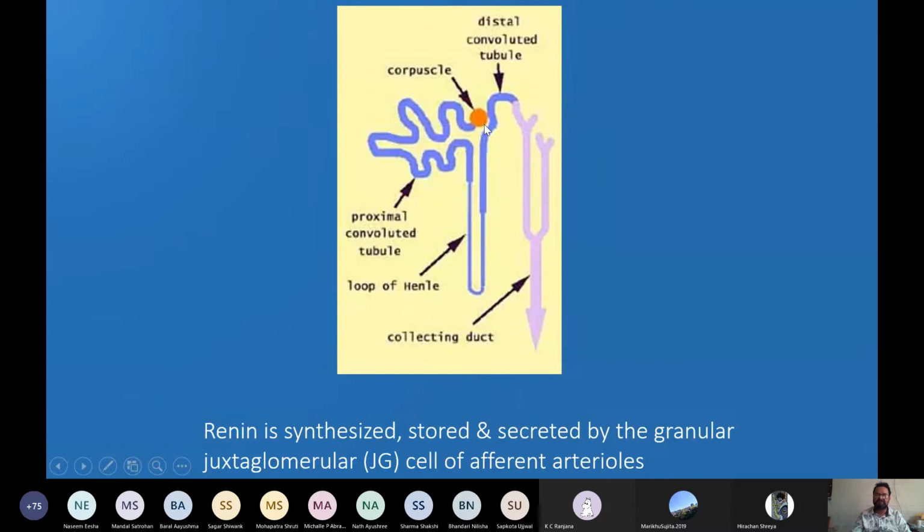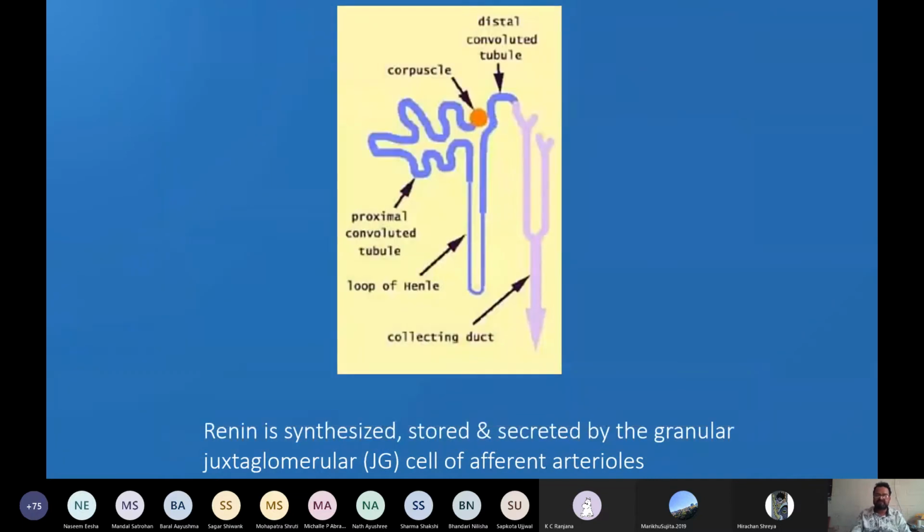This is Bowman's capsule. Okay, so this connection point is called the juxtaglomerular apparatus.